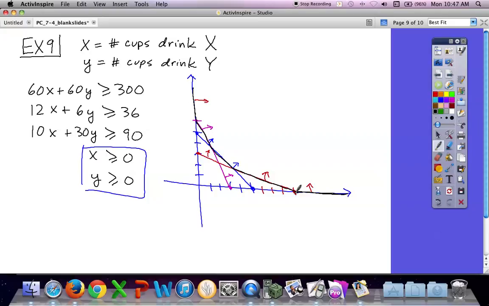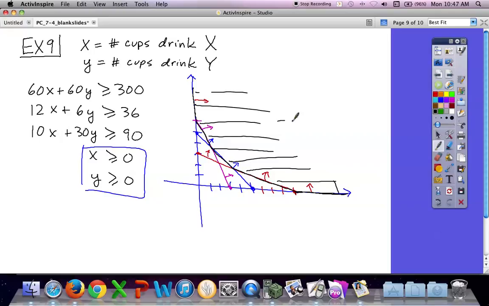And so it's all of this area here. If you take your X and Y anywhere in this region to represent how much of the one drink and how much of the other drink you're going to serve, you would be meeting all of the requirements that are here.